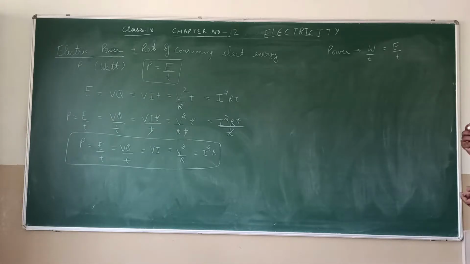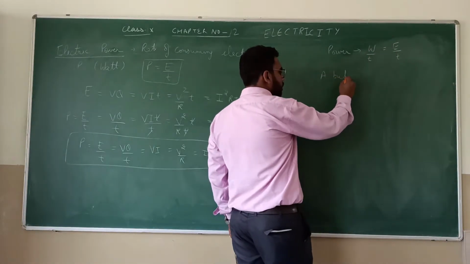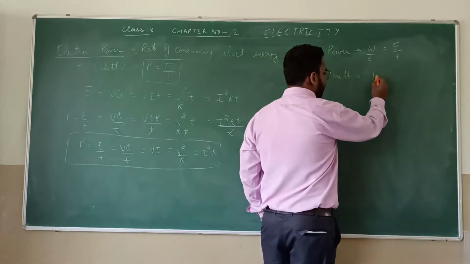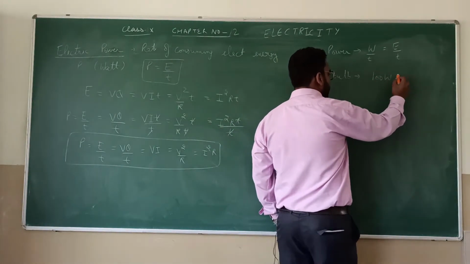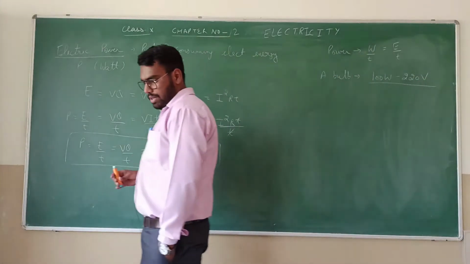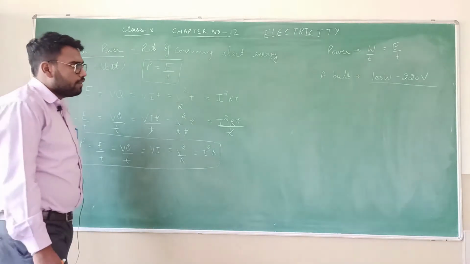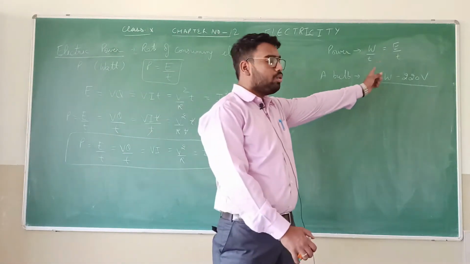Let us discuss one question. We have a bulb which has a rating of 100 watt, 220 volt. What do you mean by this statement? It means that the power of the bulb is 100 watt if it is connected to 220 volt.